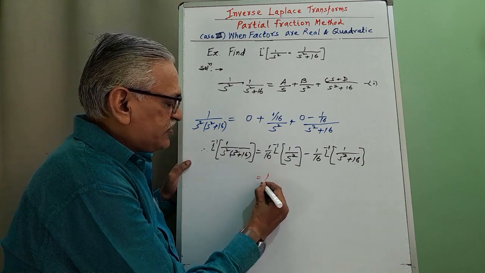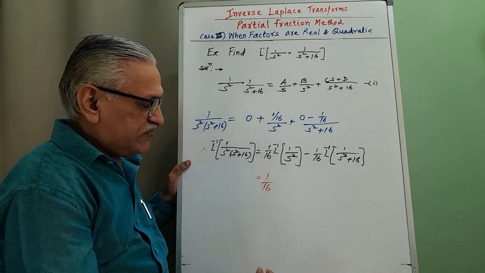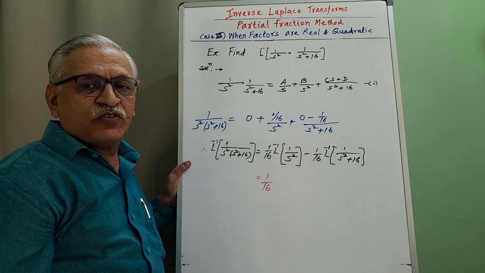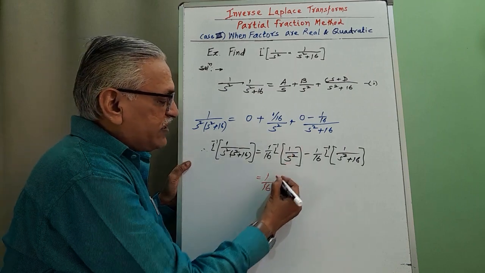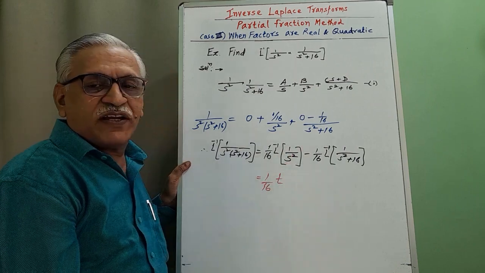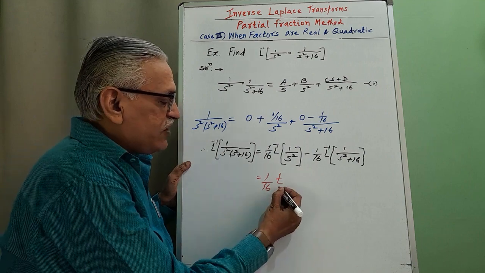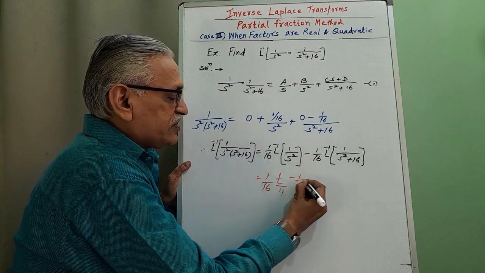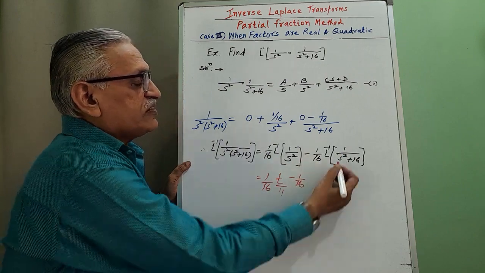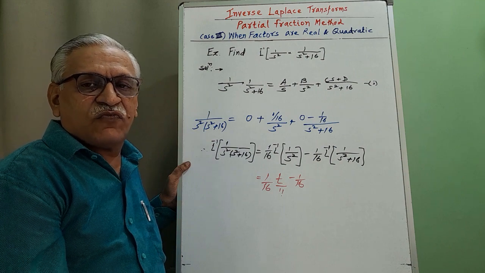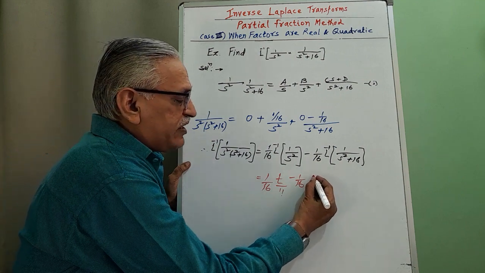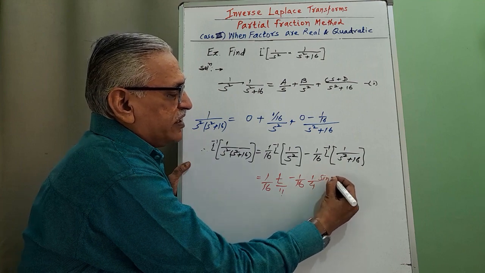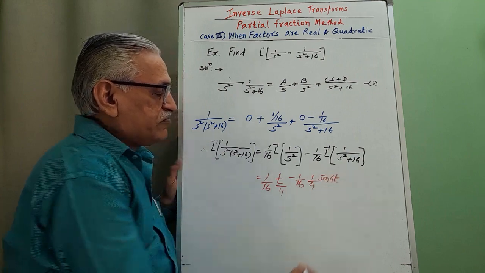Therefore, it is 1 by 16 times inverse of 1 by s raised to n, where n is here 2, a positive integer. It is t raised to n minus 1, means 2 minus 1, that is 1, divided by 1 factorial, and minus 1 by 16 times the inverse of 1 upon s square plus a square, which is 1 by a sine of at, that is 1 by 4 sine of 4t.